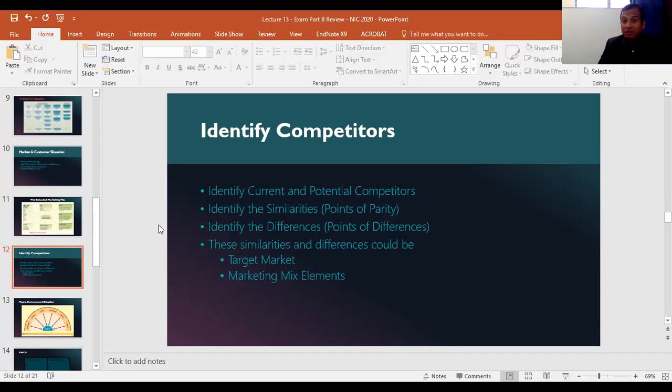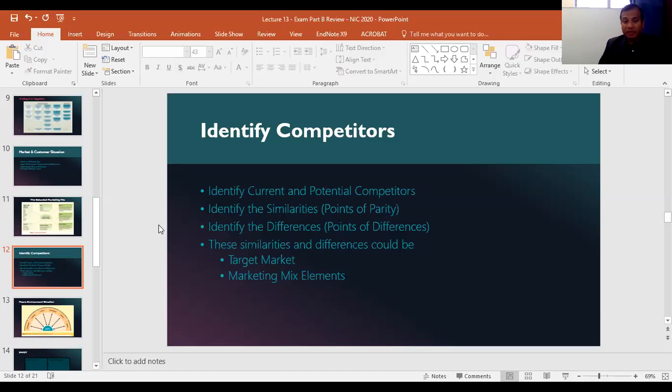In terms of providing a recommendation or suggestion for differentiation and positioning, you can think about what sort of points of difference you want to have. These similarities and differences could be target market, marketing mix elements, and others.